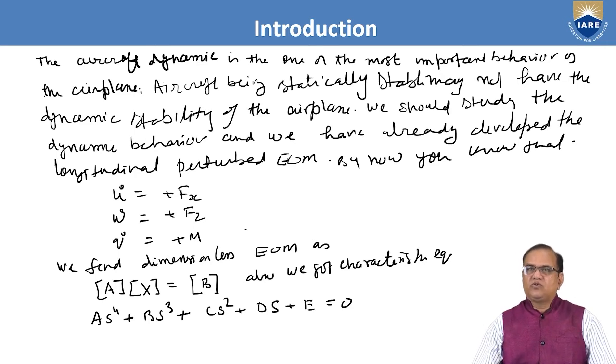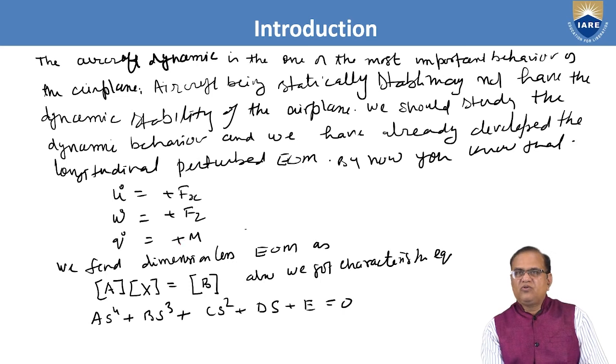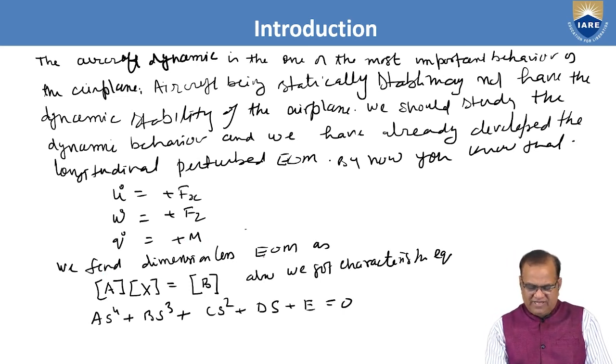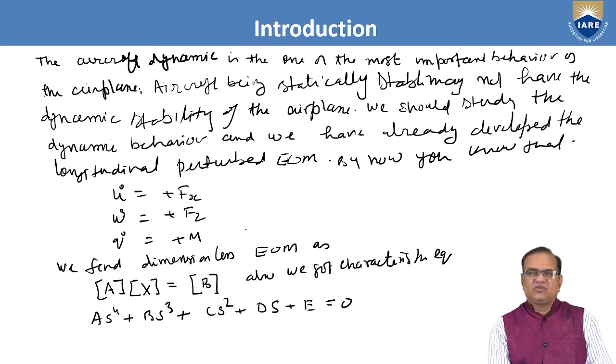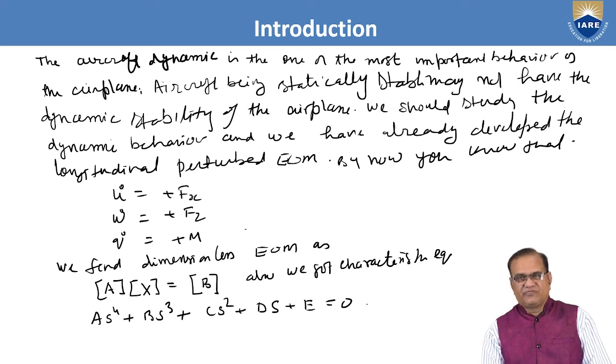By now, you know that u dot is equal to plus Fx, w dot is equal to plus Fz, and q dot is equal to plus M. So we found the dimensionless equation of motion as A matrix into x is equal to b, and we got the characteristic equation as A s to the power 4 plus B s to the power 3 plus C s square plus D s plus E is equal to 0.